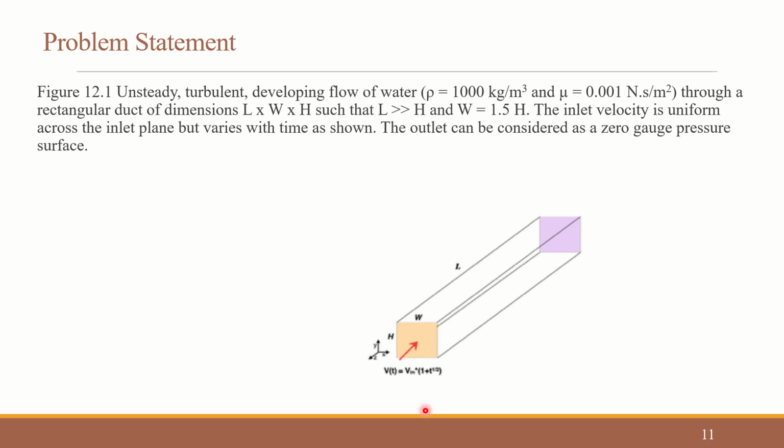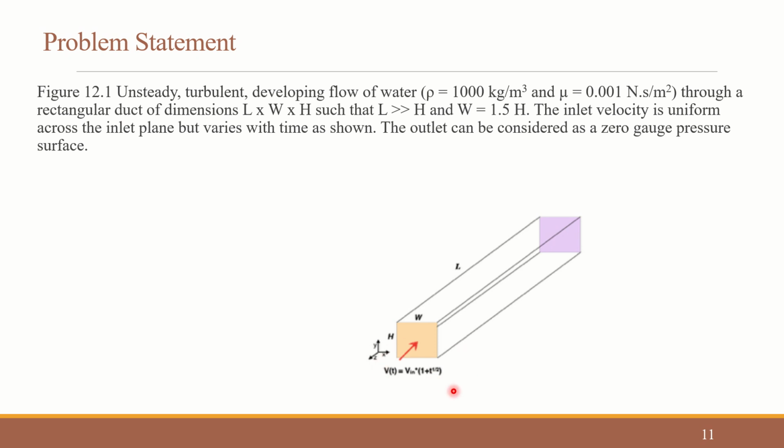We have unsteady turbulent developing flow of water whose density is 1000 kg per meter cube, and viscosity mu is 0.001 Newton second by meter square, through a rectangular duct of dimensions L into W into H, such that L is very much greater than H and W is equal to 1.5 times H. Inlet velocity is uniform across the plane but varies with time as shown.